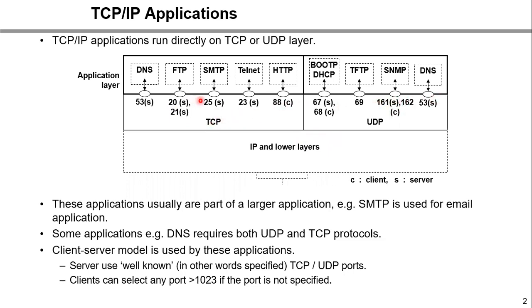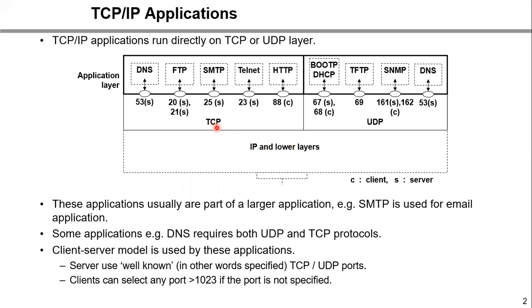Some of the port numbers are for TCP, some of the port numbers are for UDP, and some of the protocols use both TCP and UDP. As you remember, this is the network layer. Network layer uses the IP protocol, the internet layer protocol.